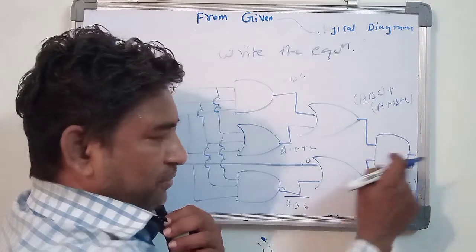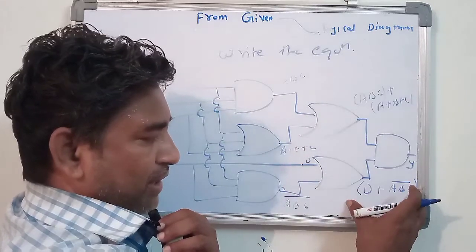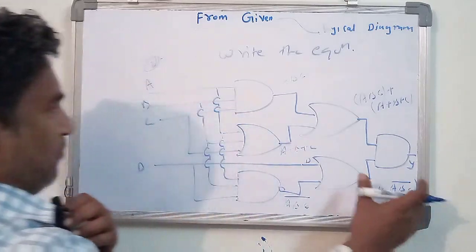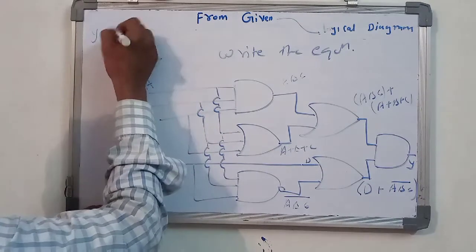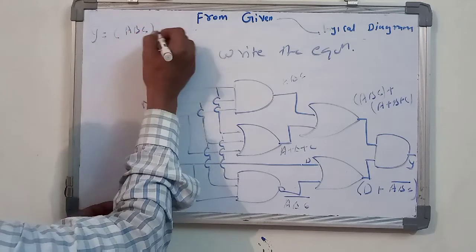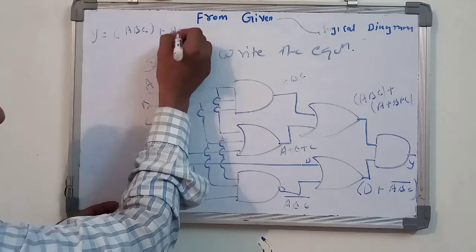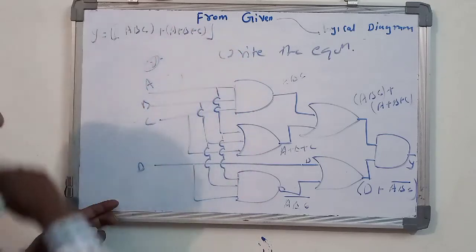At the output, you will be getting the multiplication. So this equation and this equation will get multiplied, and at the output you may write down Y equals, first in the bracket, ABC plus (A plus B plus C), the whole bracket you have to draw like this.